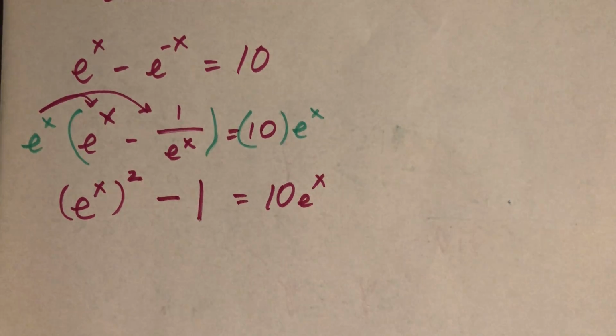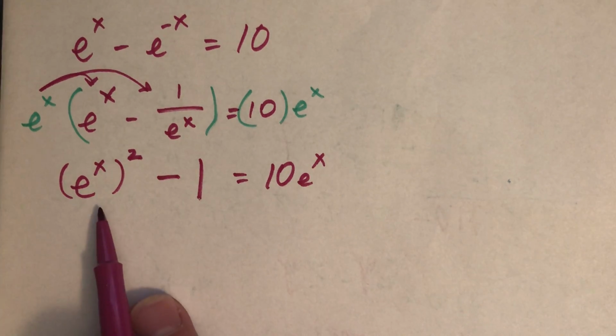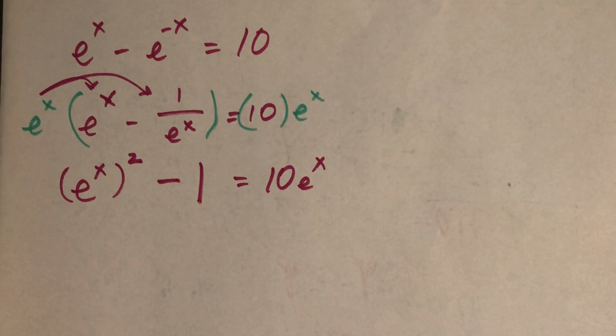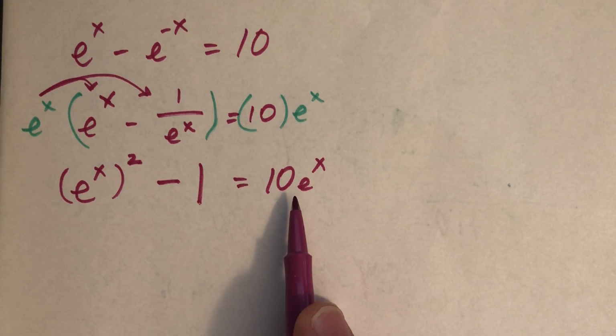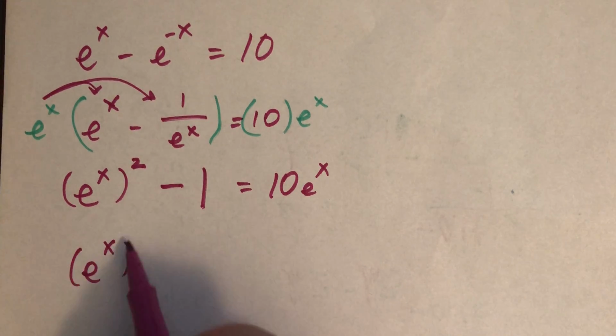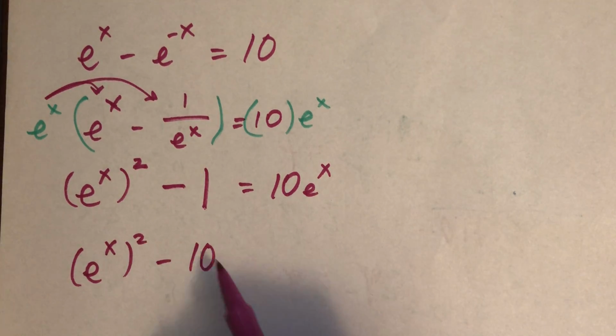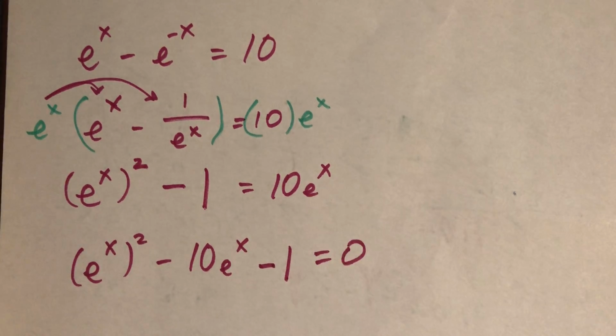Okay, so now maybe we can see the writing on the wall a little bit. This is very similar to the last problem we just did, and we notice that it has quadratic form. So we can put 10e^x on this other side. We've got (e^x) squared minus 10e^x minus 1 equals 0.